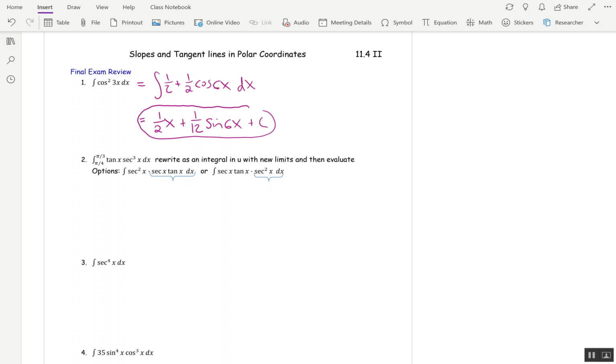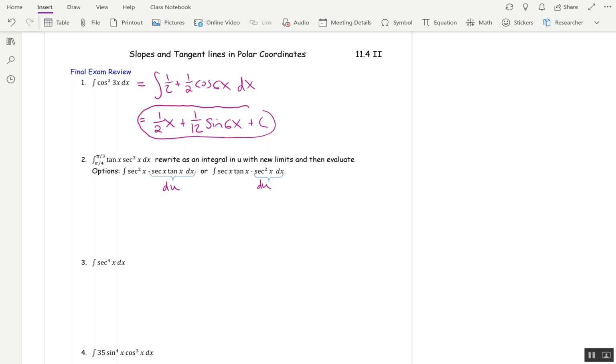Okay, so these problems on this page are all powers of trig functions. That's what we're focusing on here. The next one is a definite integral, and it's a combination of tangents and secants. The strategy when you see powers of tangents and secants is to either pull out a secant tangent, and that will be your du, or pull out a secant squared, and that will be your du.